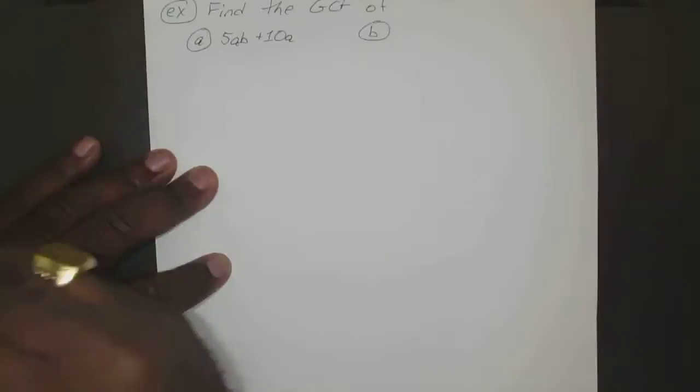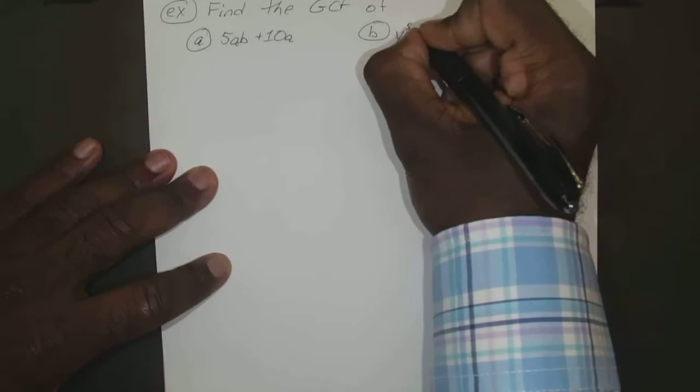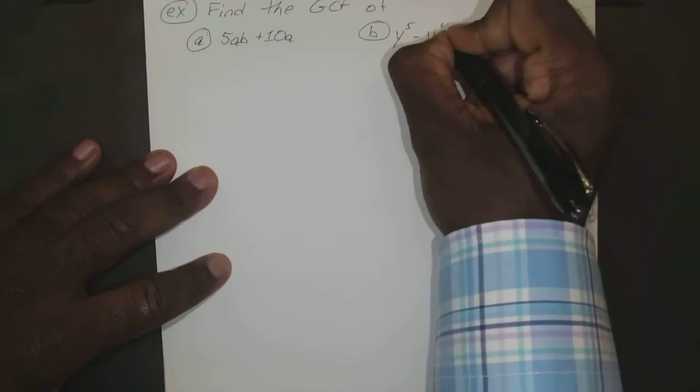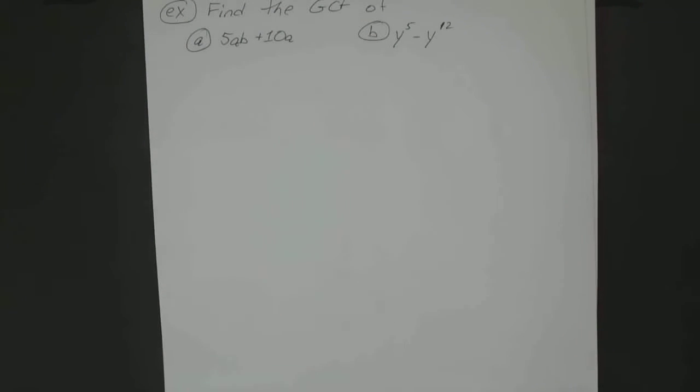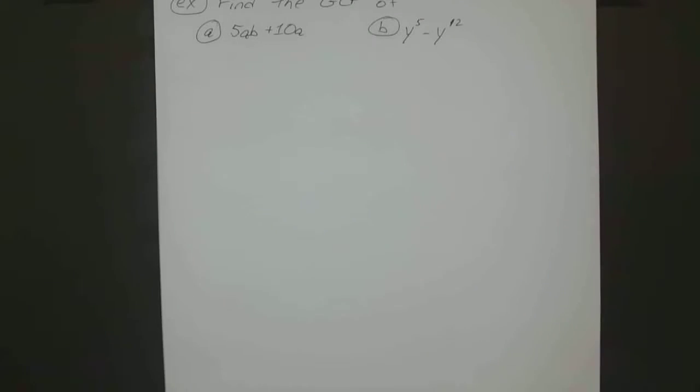And for problem B, y to the 5th minus y to the 12th. Okay. And there actually is a shortcut when you're dealing with factoring out variables. And I'll tell you that one when we get to problem B.